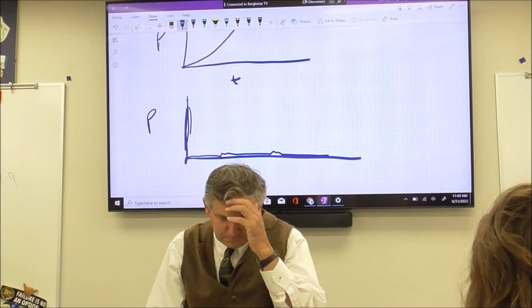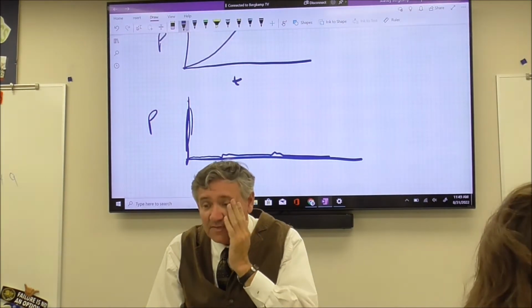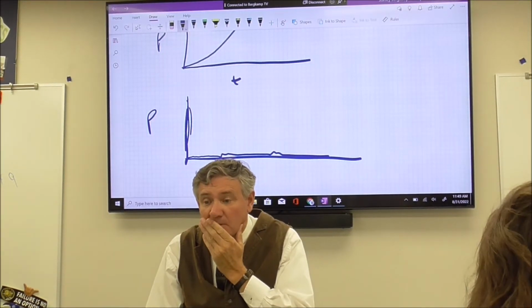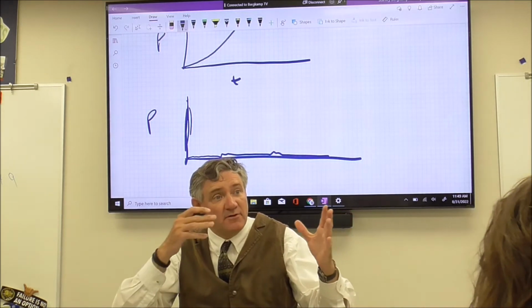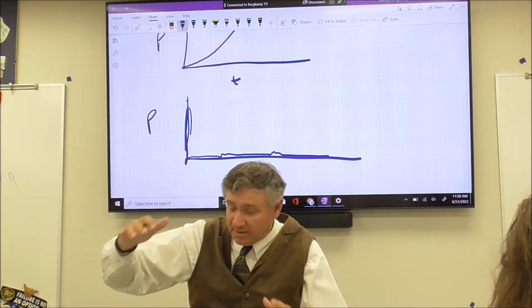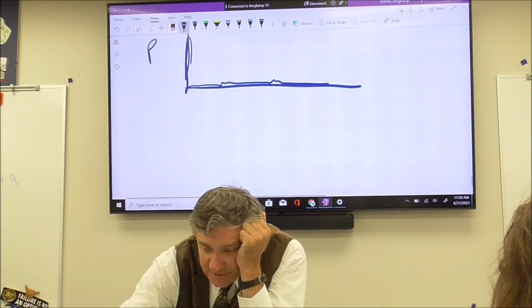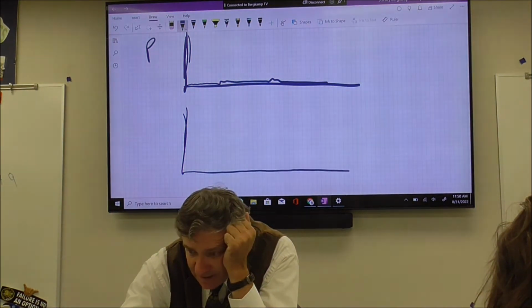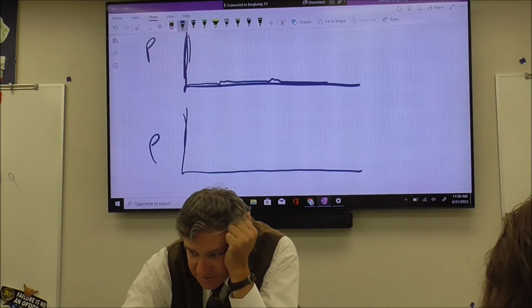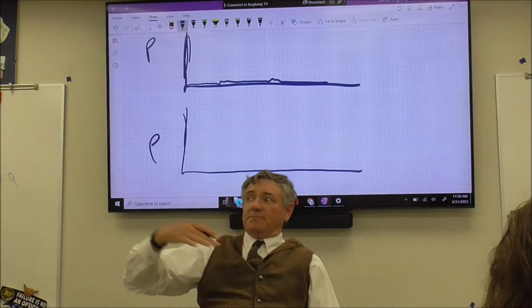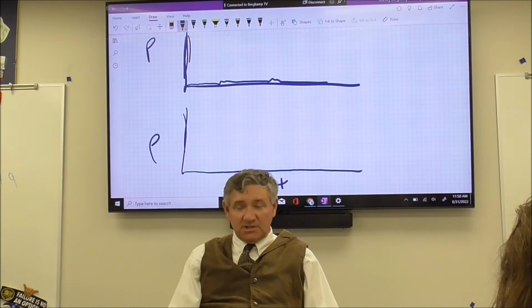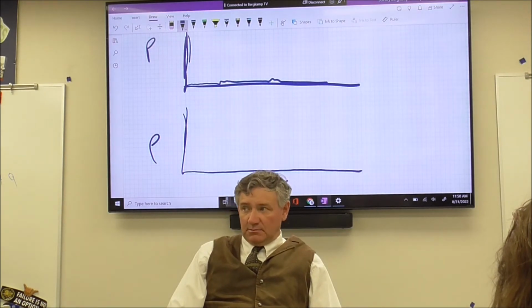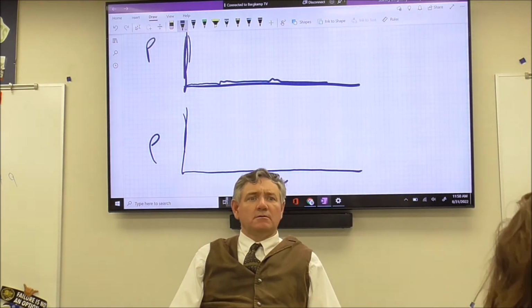Now, let's say that we do want to keep track of horizontal position versus time, okay? So if we were to drive to Kansas City, on a position time graph keeping track of horizontal position versus time, what would that graph look like? Just roughly, what would it look like?